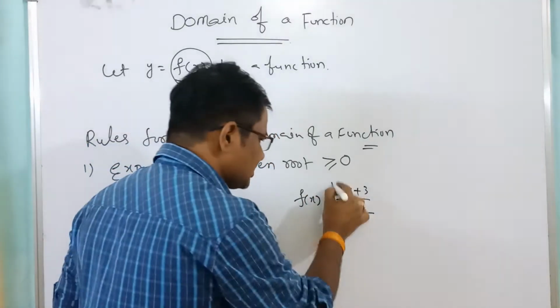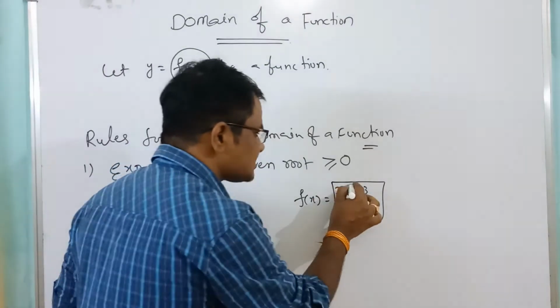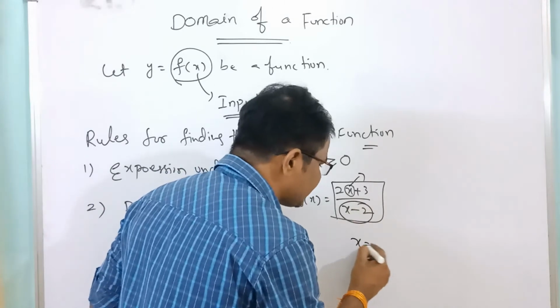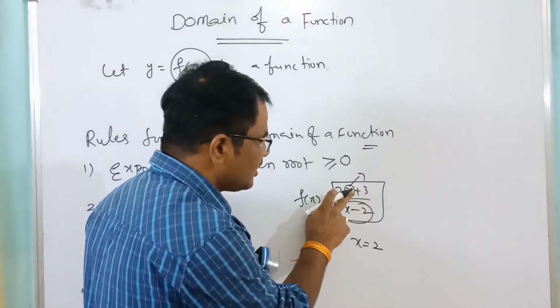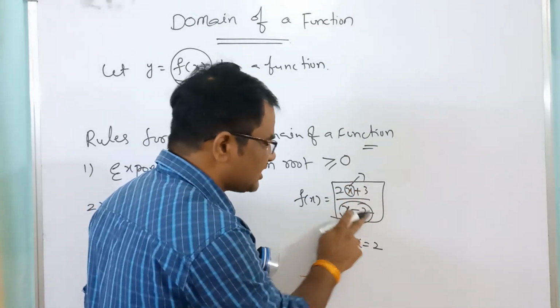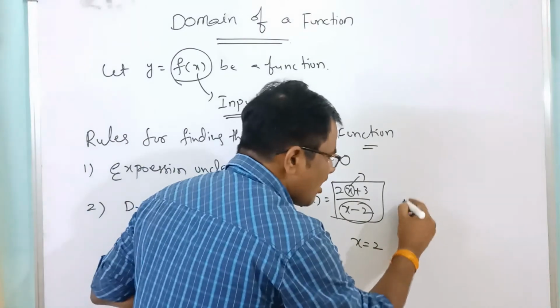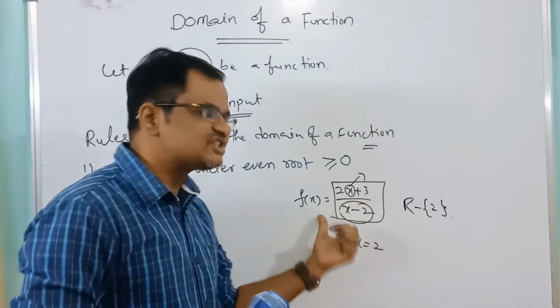For this function, any real number in place of x exists, except 2. If you take x equal to 2, the numerator becomes 2 into 2, 4, 4 plus 3, 7, and the denominator is 2 minus 2, so 7 by 0, not defined. So all the real numbers except 2 is the domain of this function, right?